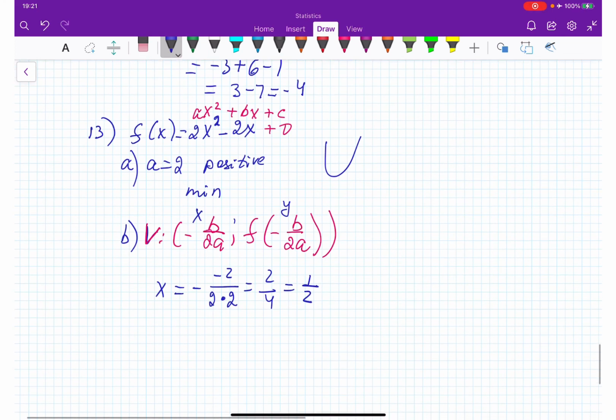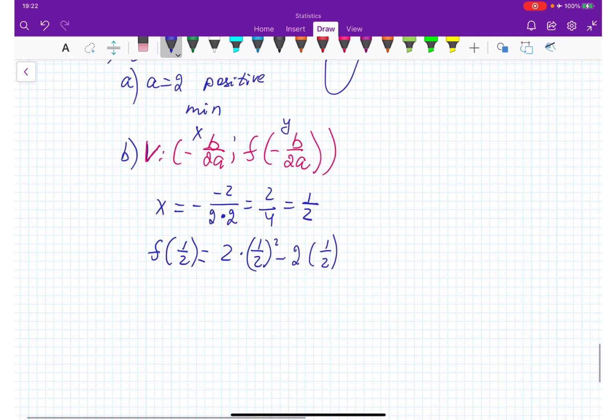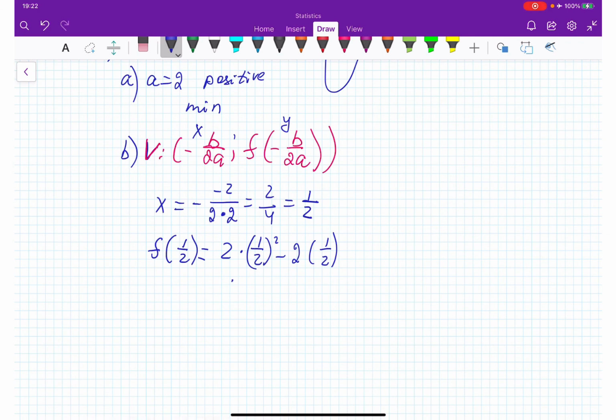Okay, f of 1/2 is going to be equal to 2 times 1/2 squared minus 2 times 1/2, right? And then plus 0, obviously we skip it. So we get twice 1 over 4, correct? And then minus twice 1/2. This is gone, will be 1.